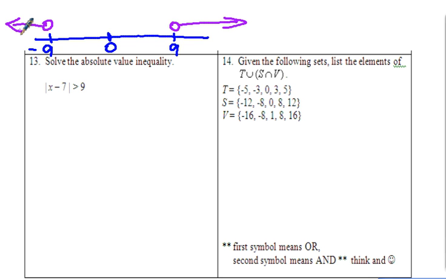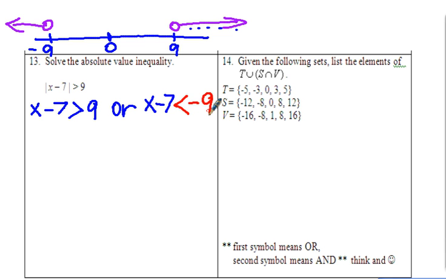So this was just for illustration, and now I will rewrite it algebraically. x minus 7 is greater than 9, and that's this right part. Or x minus 7 is, and this is very important, less than minus 9.